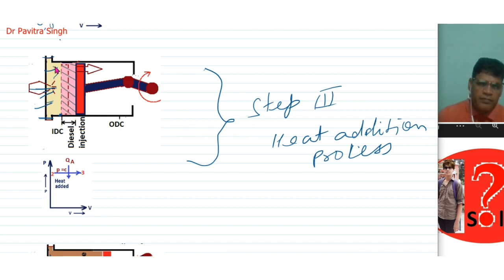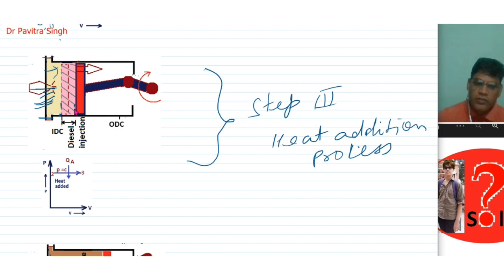So the fuel injected in this combustion chamber will occupy some volume. So in pink color you can see this is diesel. So actually we are injecting fuel continuously, and this piston is moving continuously from this position to this position. So actually fuel is injected and piston is moving.